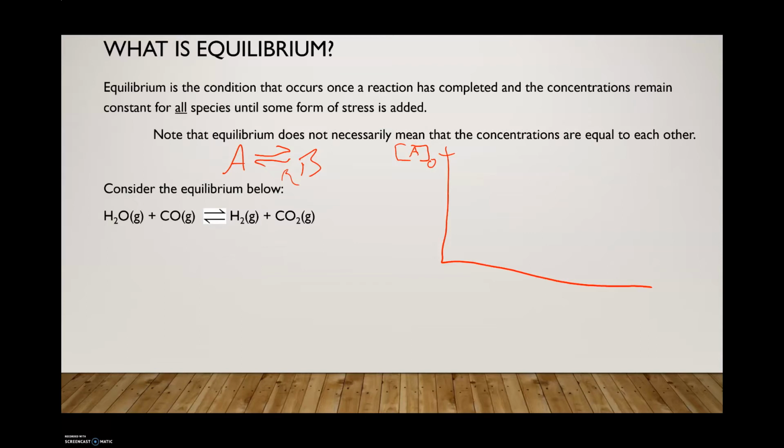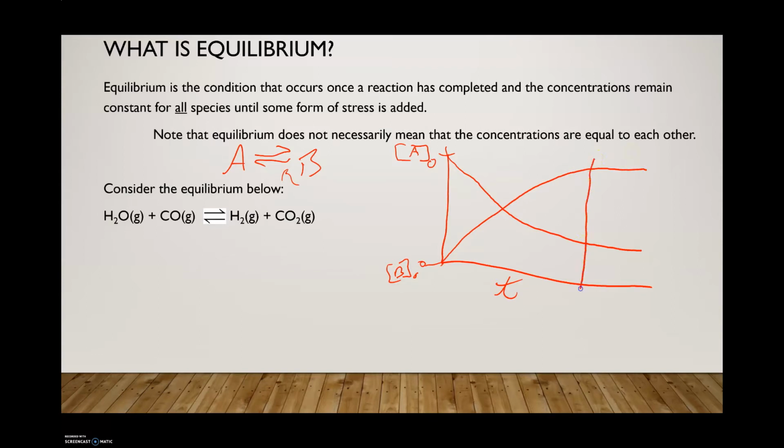The initial concentration of B is 0. Over time the concentration of A will go down and level off, while B will go up and start to level off.